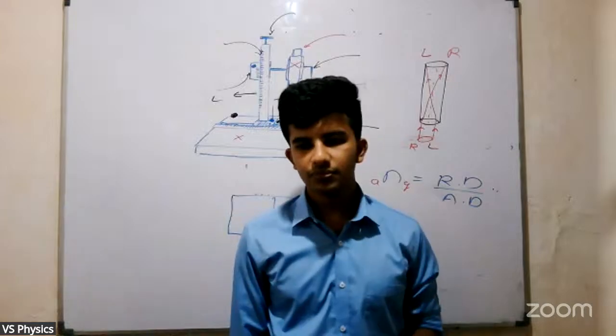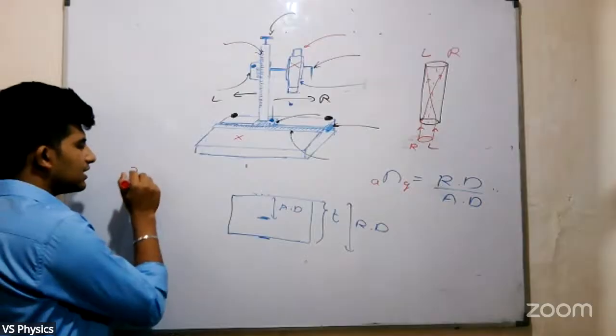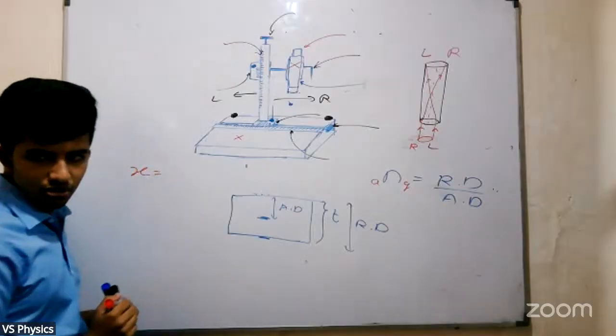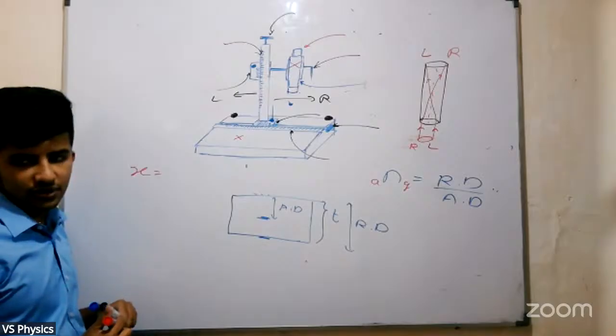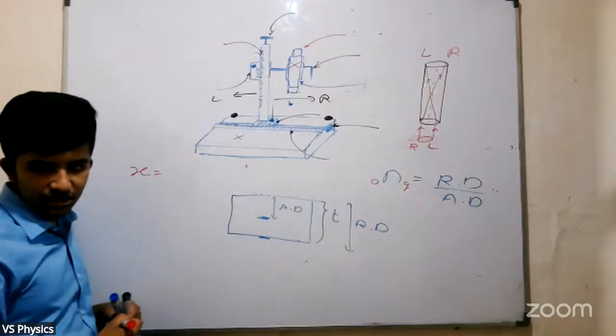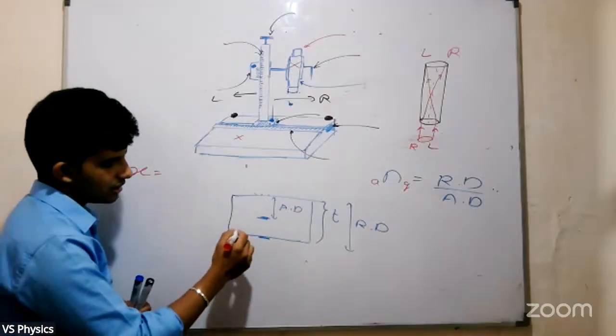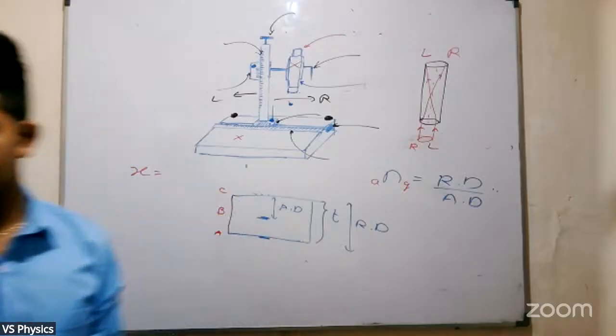And then we take the first reading. This reading will be taken as X. That's the first reading. Then the first reading is called A, B, C. Where is the first reading?